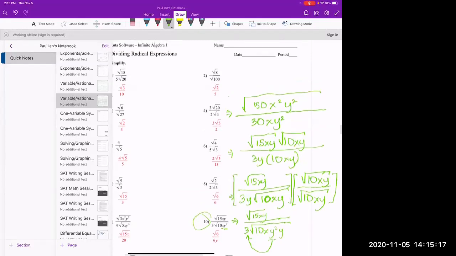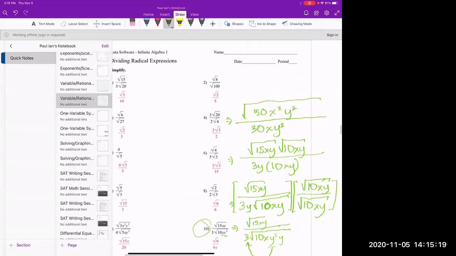So there's a lot of good things you could do with this one. What's the next thing you should do with this one? Split the 150 into different parts.